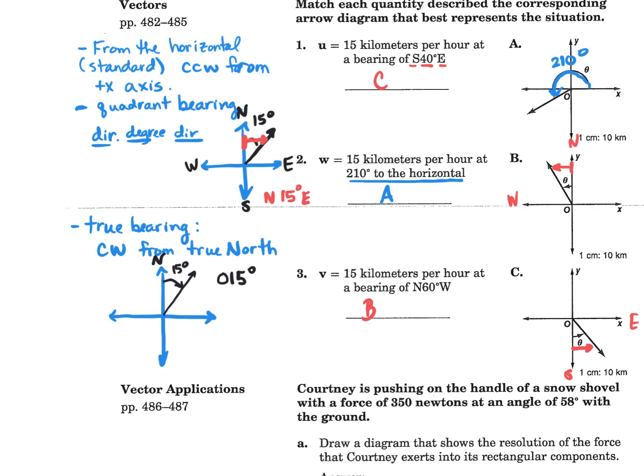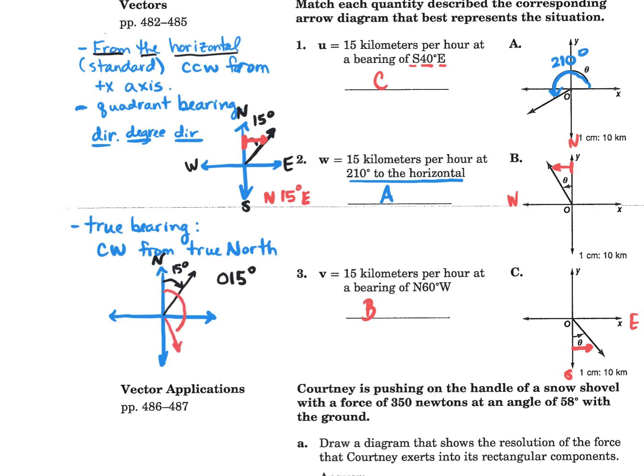3 digits. Okay? And if it's from the horizontal, it will say from the horizontal. If it doesn't say from the horizontal, guess what you have to assume it is? True bearing. Okay? So now let's look at another one. Let's say it was over here.